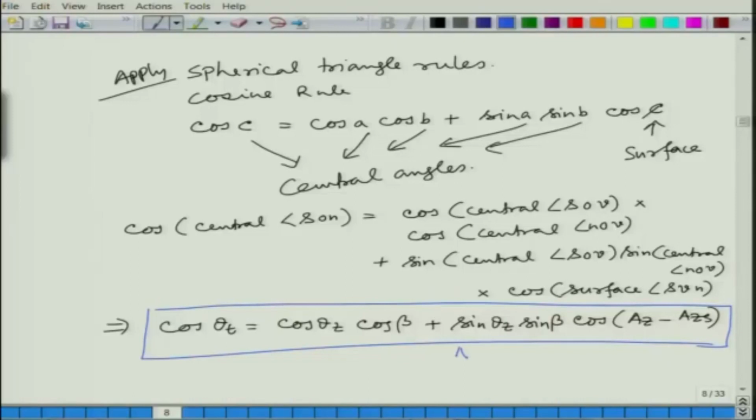So, this is a very important rule. Okay. And note that there is no mention of solar hour angle.